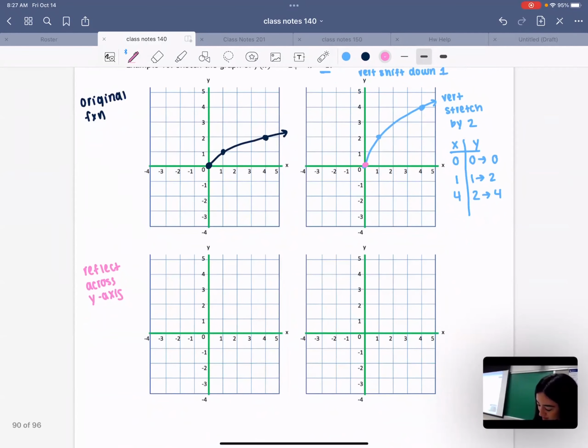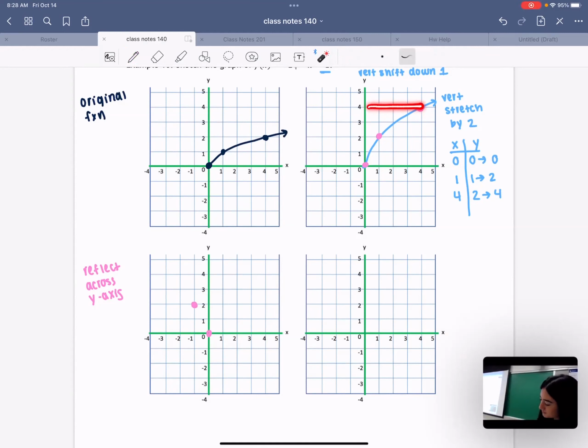I'm going to take my 0 point. Well, that's already on the y-axis, so I don't have to do anything there. My point 1, 2 is 1 block away from the y-axis on the right. So I'm going to put it 1 block away from the y-axis on the left. So that goes here. And then 4, 4 is 4 blocks away from the y-axis on the right.